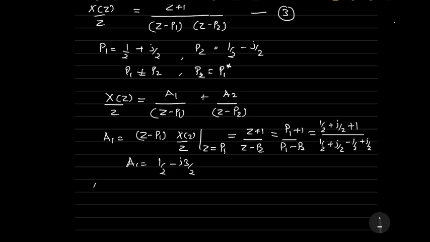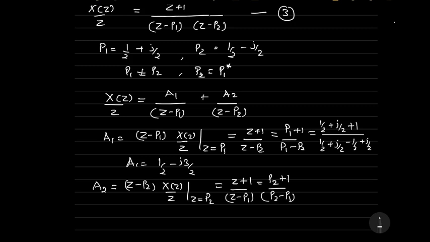Similarly, to find the value of a2, we multiply (z - p2) with X(z)/z and set the value of z equal to p2. So we get (z + 1) upon (z - p1). Now setting z equals to p2, we get (p2 + 1) upon (p2 - p1).